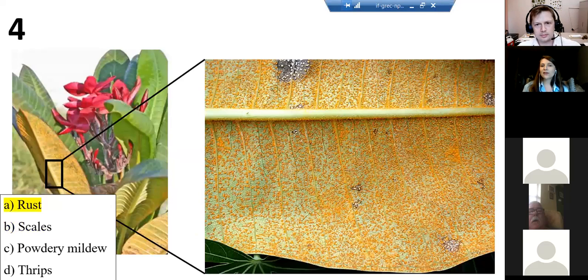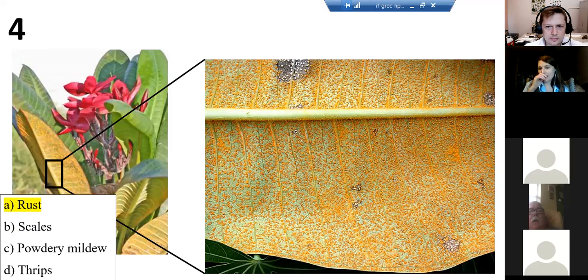Okay, number 4. That was one of the kind of easy ones. Rust. So how did they do on this one? Most of them got this one. Yeah. Some of them, a few, thought that it was scales, but most of them got this. Yeah, it might be, but I think the color would be a little different, and again, a close look under the microscope would help.